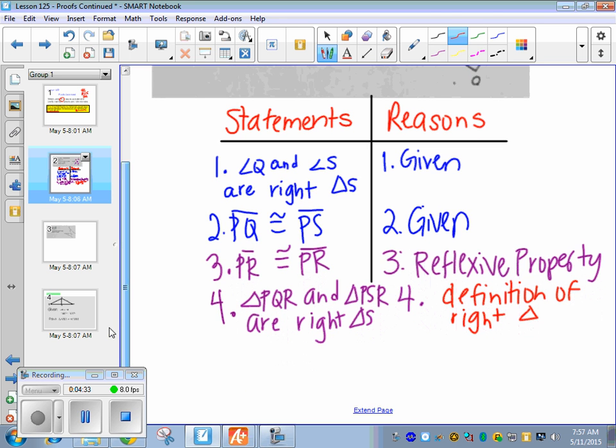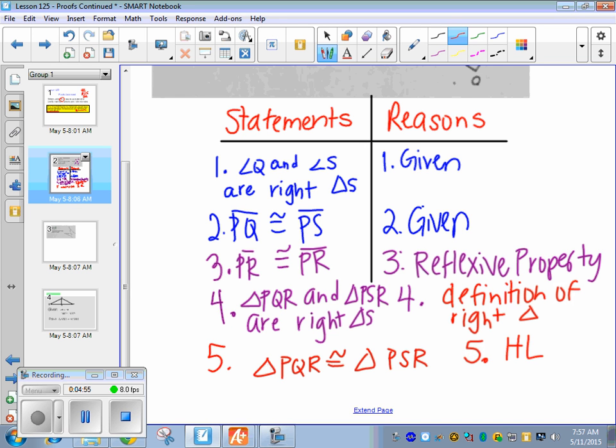So now we can say the triangles are congruent. And our reason is HL. Okay, we know the hypotenuse and one leg, and we know it's a right angle.